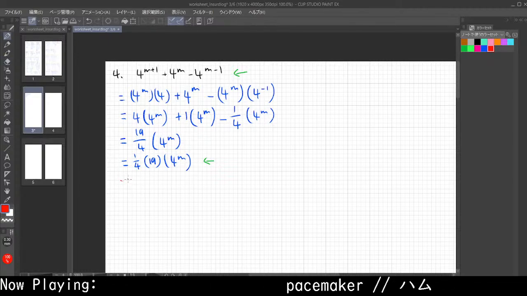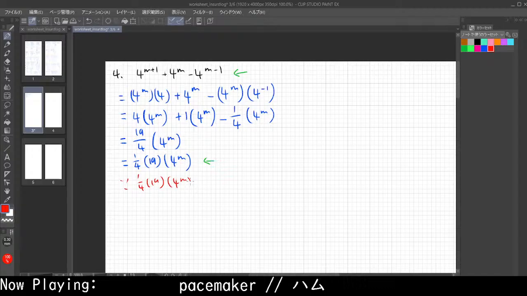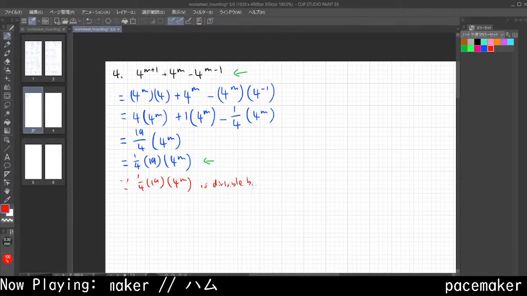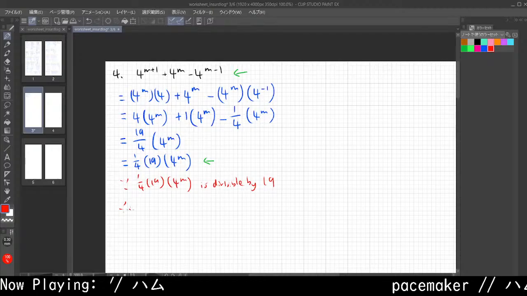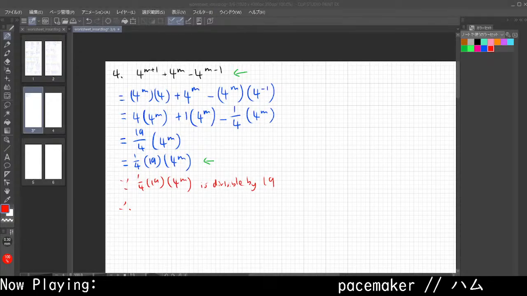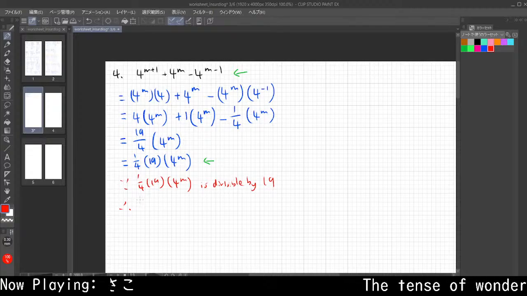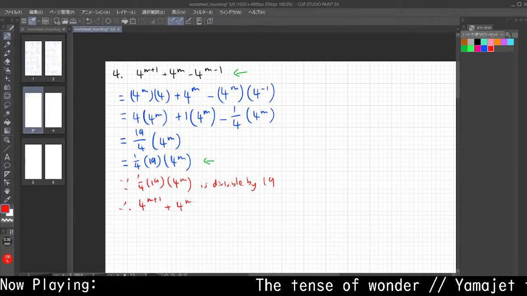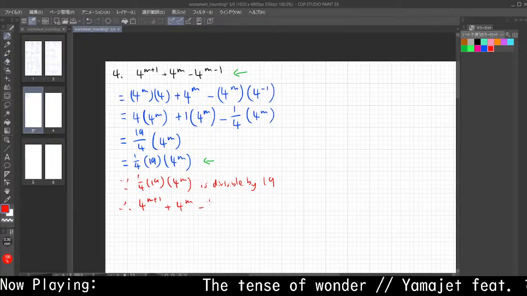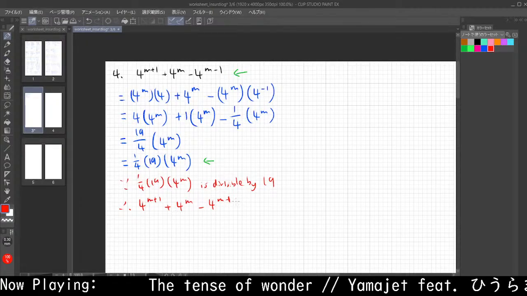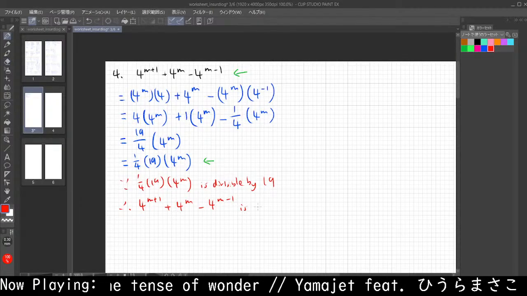Since 1 over 4 times 19 times 4 to the m is divisible by 19, therefore your starting expression, this 4 to the m plus 1 plus 4 to the m minus 4 to the m minus 1, is also divisible.